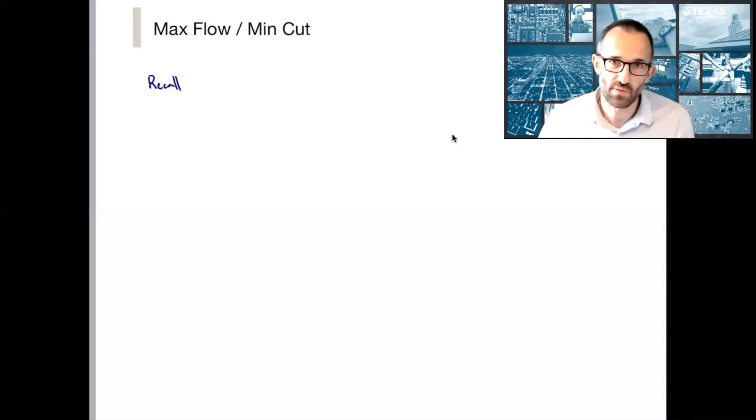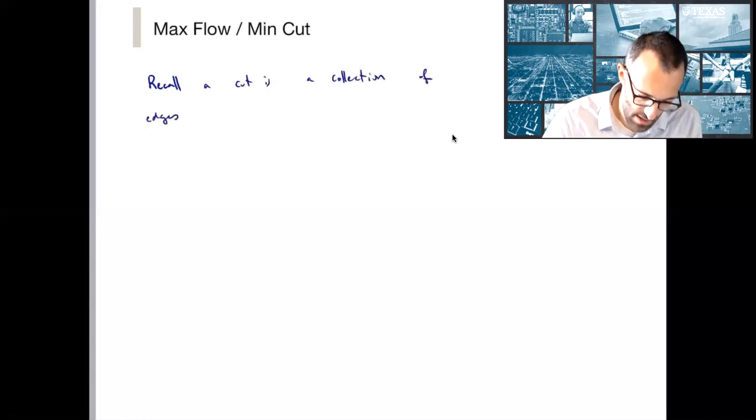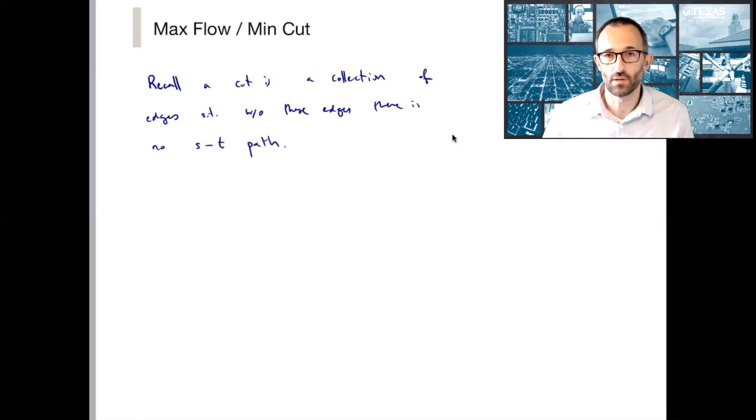So in the context of max flow and min cut, we talked about cuts as a subset of edges. We said that a cut is a collection of edges such that without these edges, there is no path from S to T. Again, max flow and shortest path, etc., have specific privileged S and T nodes defined.